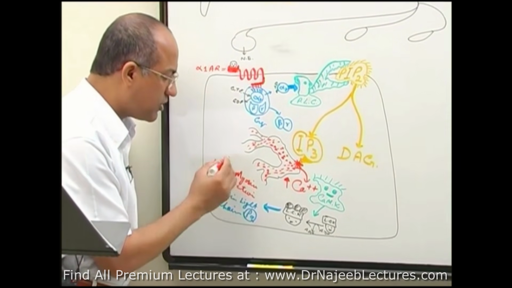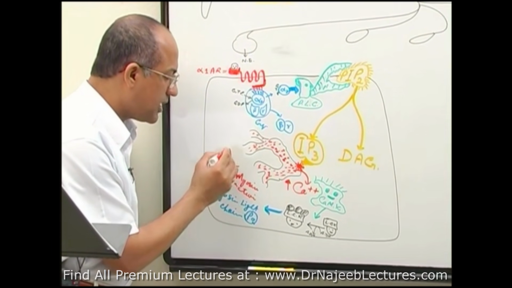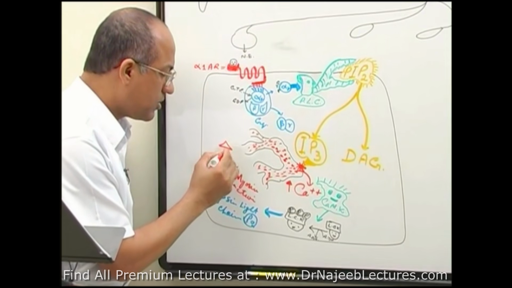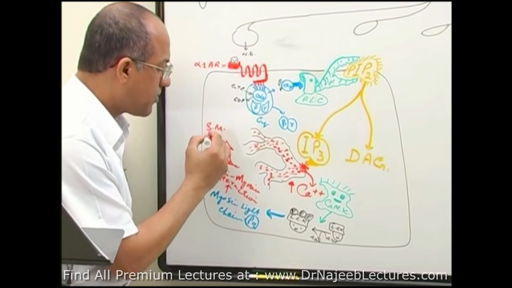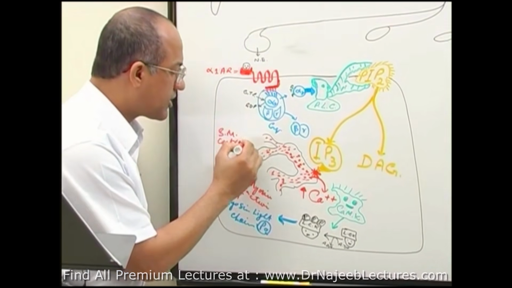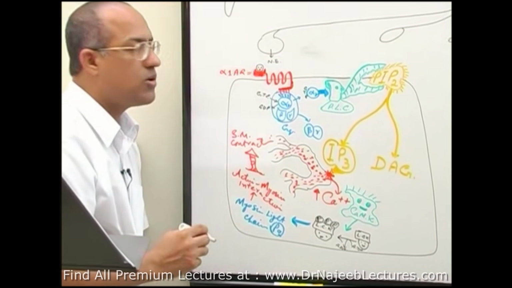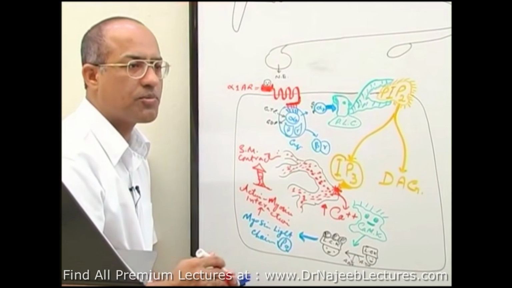And this actin-myosin interaction will lead to, yes, smooth muscle contraction. So, this is one example of how alpha 1 adrenergic receptors work.